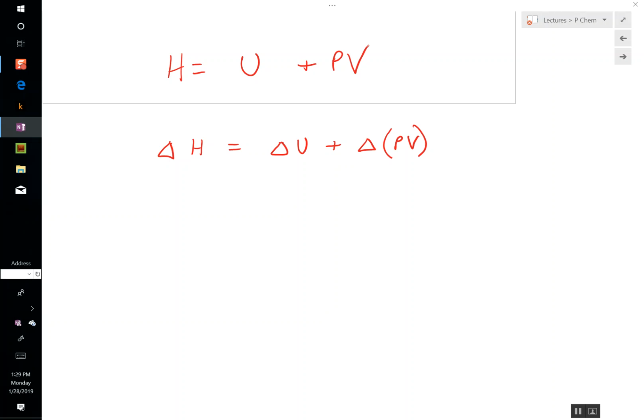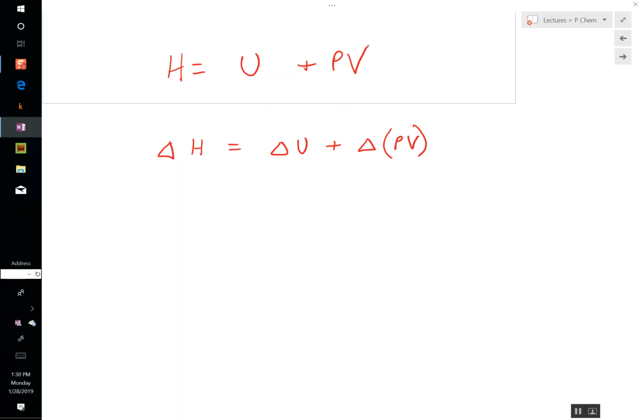And the author works down through that with... Are you looking for the enthalpy equation?